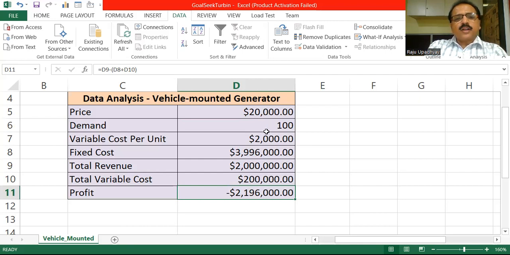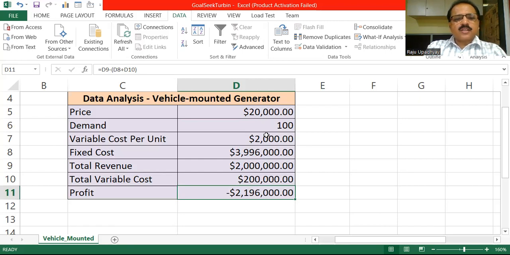So it's very, very difficult for us to do the manual calculation in order to achieve zero, that is called the break-even value, meaning no profit, no loss. To attain the break-even value, we have to do extensive calculation.